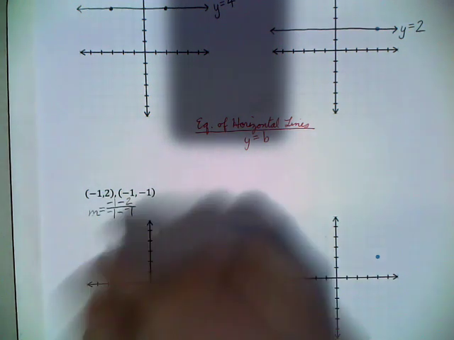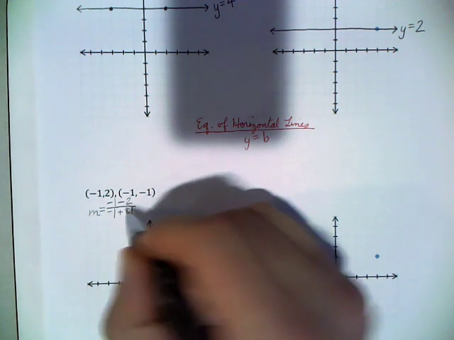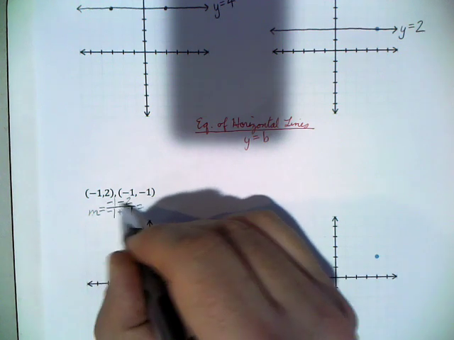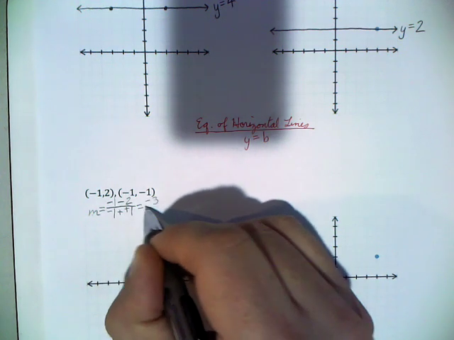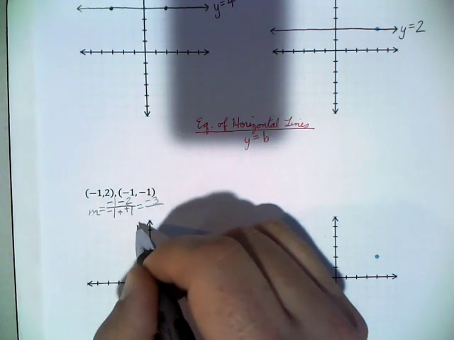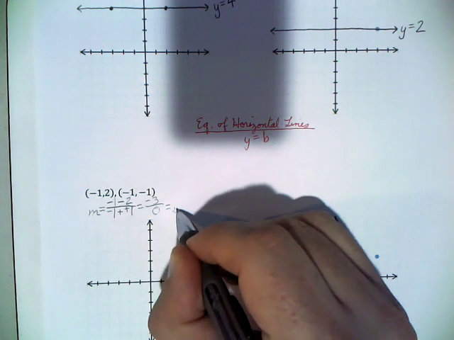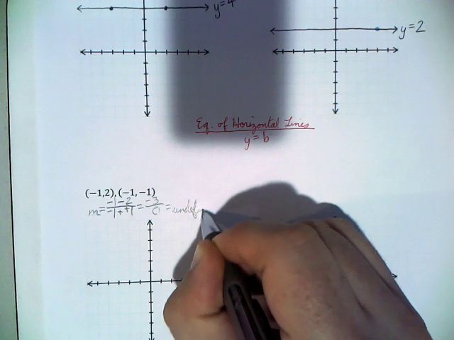Now right off the bat here we see minus a negative instantly. Anytime you see that, change it to plus positive. And now as I simplify, negative 1 minus 2 would be a negative 3. And negative 1 plus a positive 1 would be 0. And of course, if it's over 0, that is undefined.